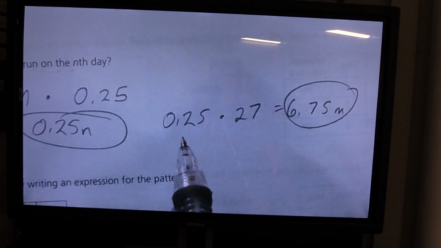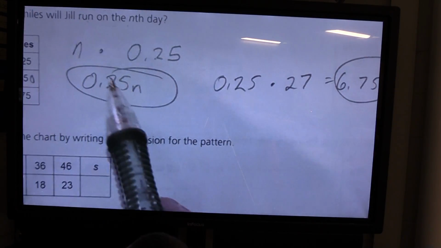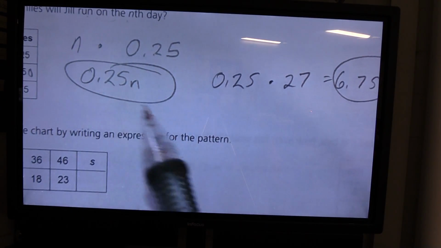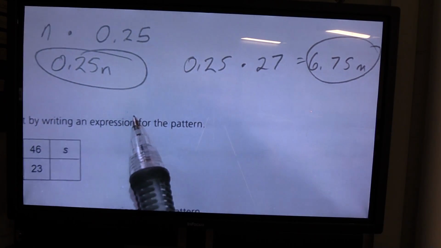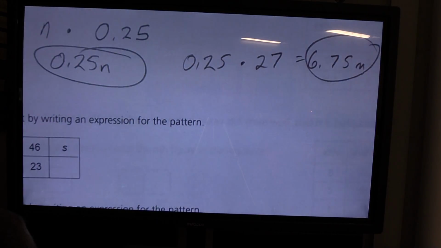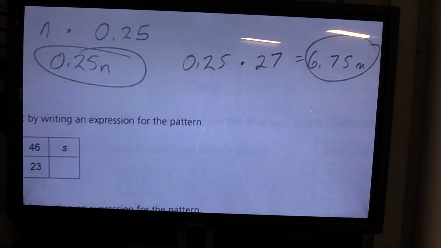So, by coming up with this algebraic expression, we can figure out how many miles that Jill runs on any day. On any day, can't we? As long as she continues to go up each day by 25 hundredths. Think that'll work? I think we got it.